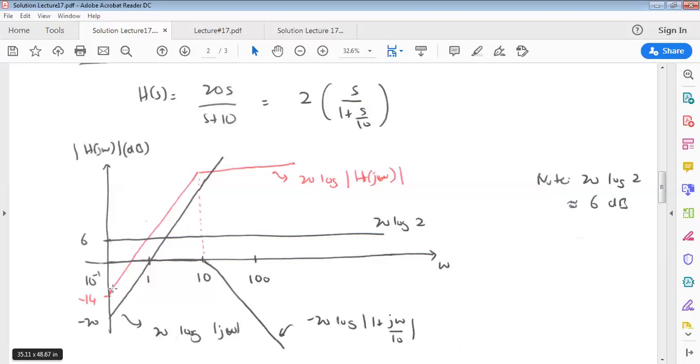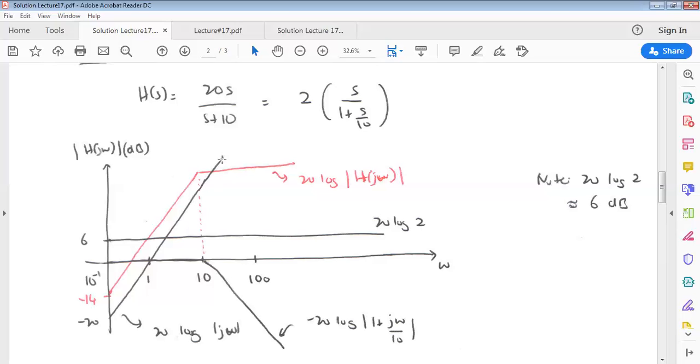So it will follow the slope of the initial plot of the zero at the origin. We're going to have a slope of positive 20 dB per decade, and it will stop at 10 radians per second. Because at 10 radians per second, we are going to have two slopes.